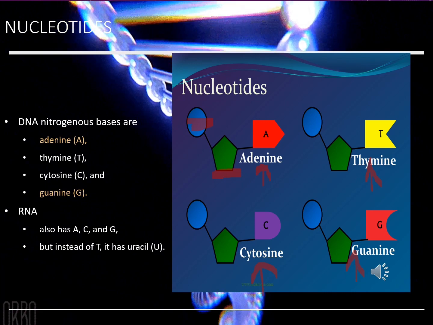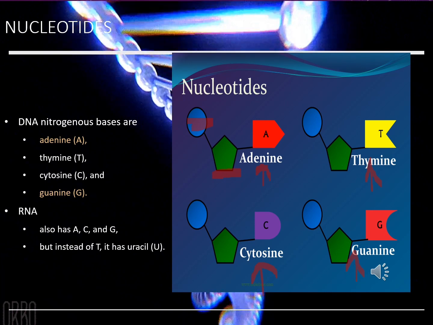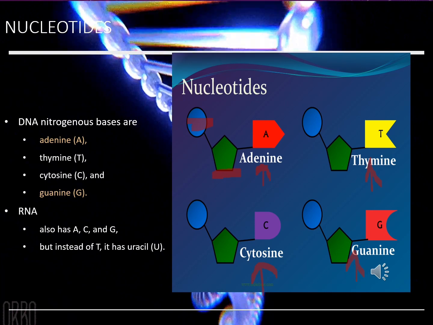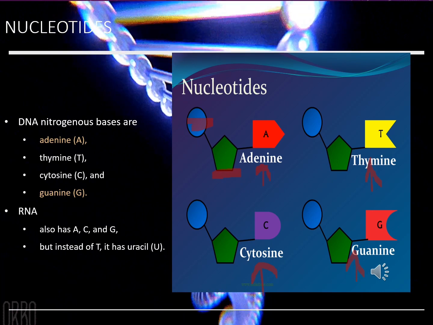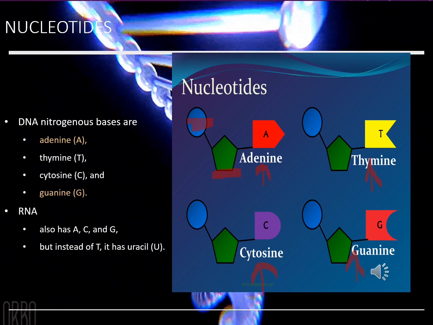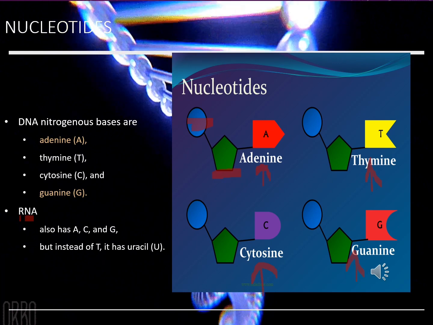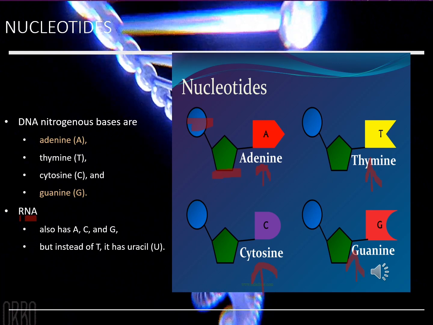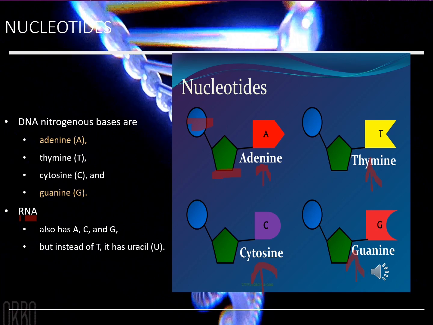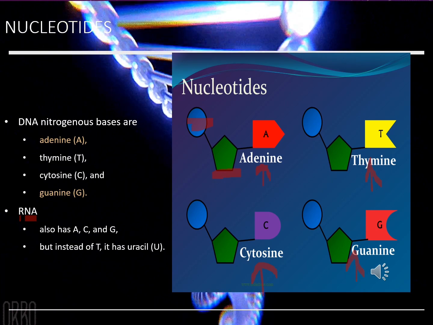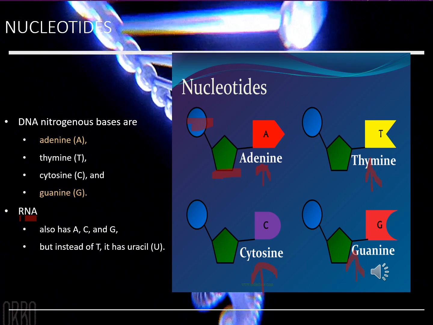So in the DNA, we have those 4 different nitrogenous bases, but actually the only difference in the nitrogenous bases that the RNA has: adenine again, guanine again, and cytosine. But instead of T, thymine, we have the uracil.